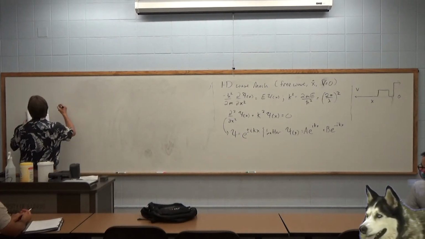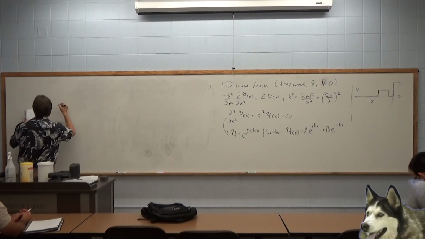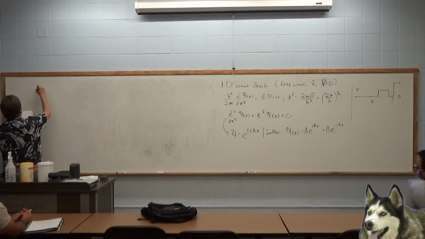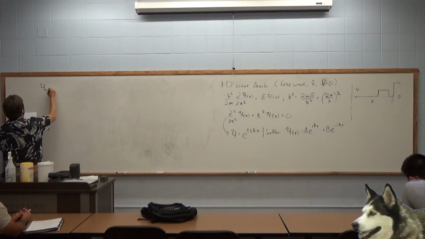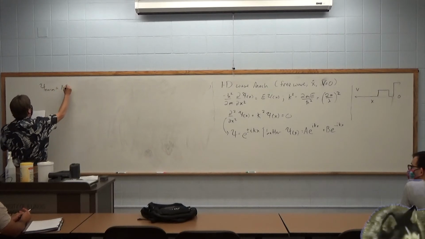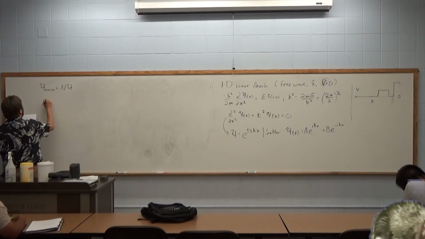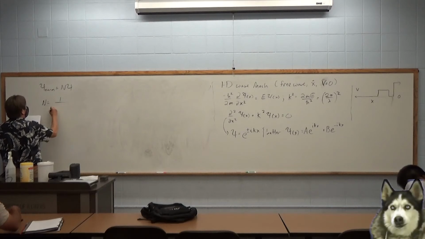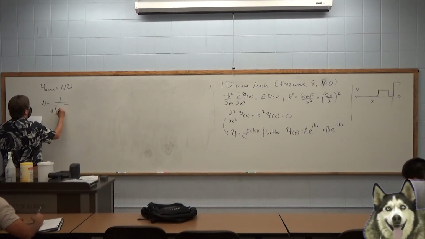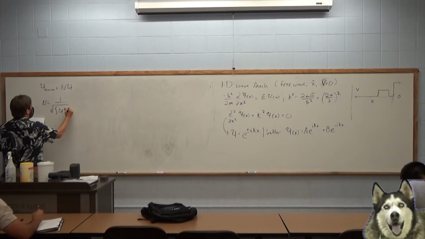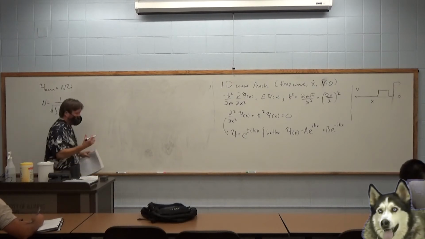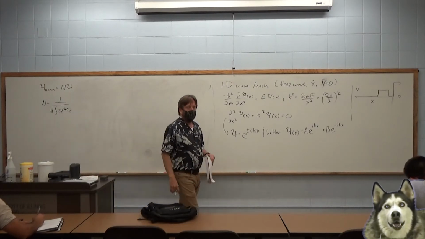So now recall that normalization. We need to multiply this by a normalization constant, where the normalization constant is 1 over the square root of the integral of the absolute value.